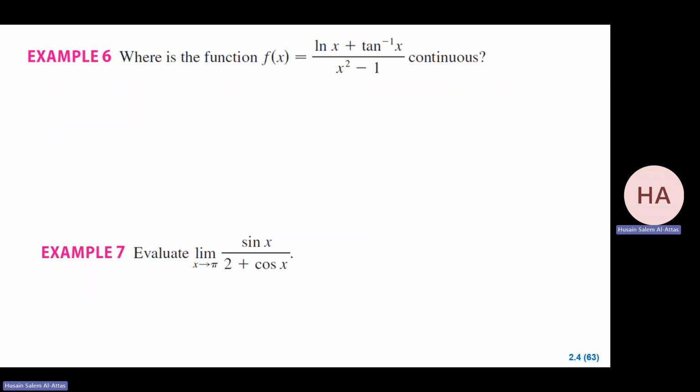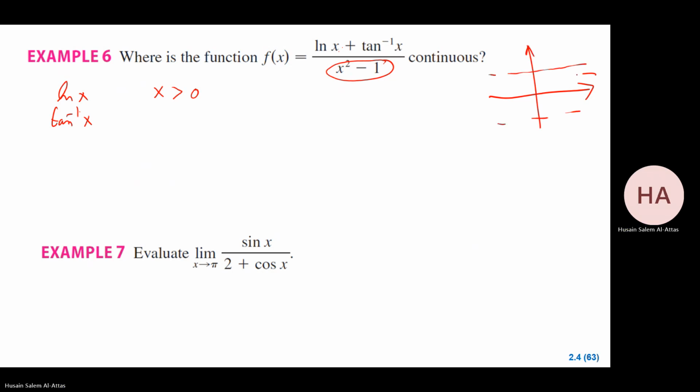Now, if I have a combination of functions, you need to find the domain of each function and then find the intersection. But the denominator should not equal 0. So from here, I have ln x. That means x should be positive. Tan inverse of x, I have no restriction because the domain of tan inverse is from minus infinity to infinity. x squared minus 1, also the same thing.